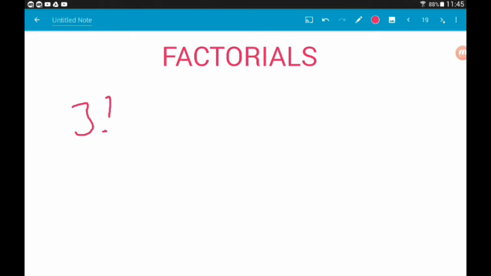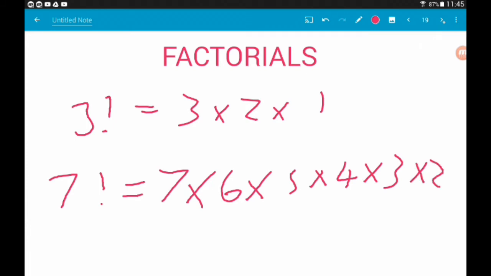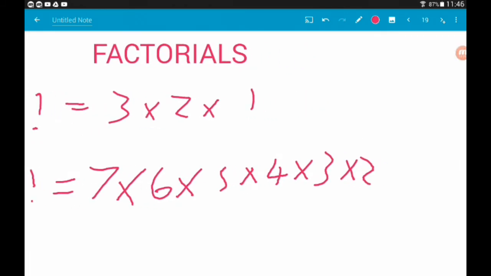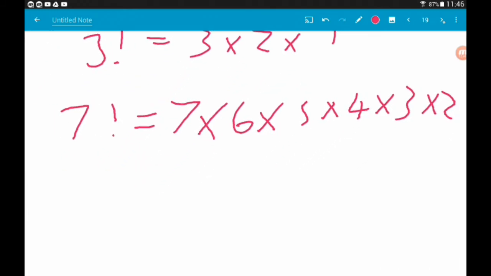This means 3 factorial is 3 times 2 times 1, or 7 factorial means 7 times 6 times 5 times 4 times 3 times 2 times 1. That's going to help us out a lot.